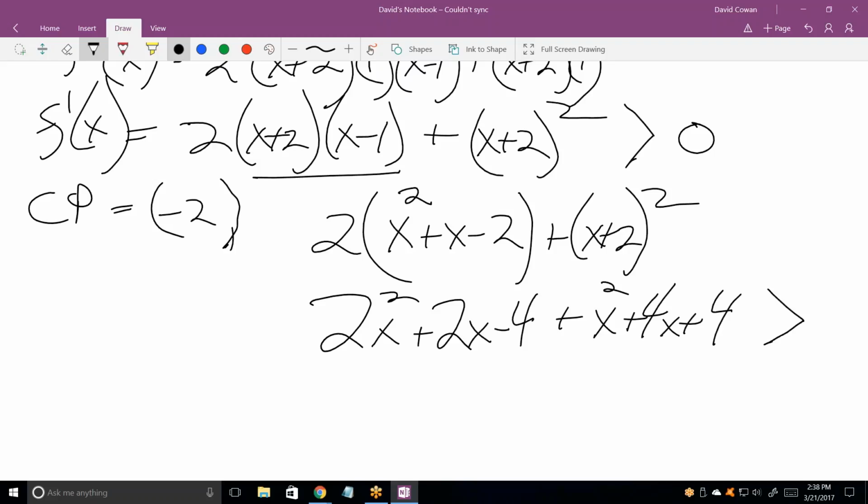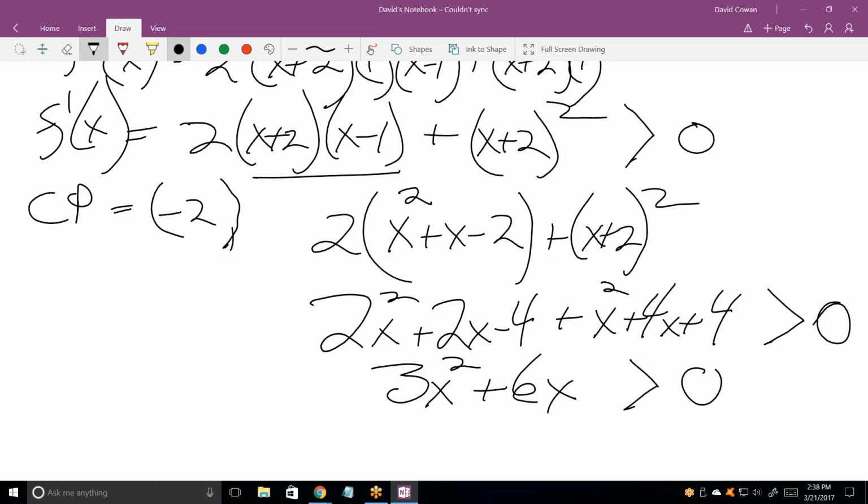All of that has to be greater than 0. Now, how many x squareds do we have? We have 3. How many x's do we have? 6. How many numbers do we have? 0. Okay. So that's got to be greater than 0.